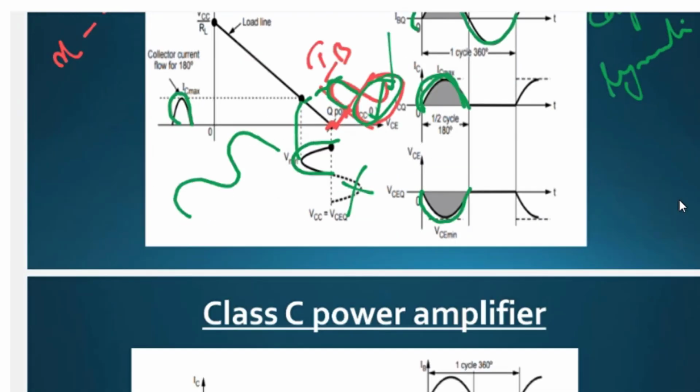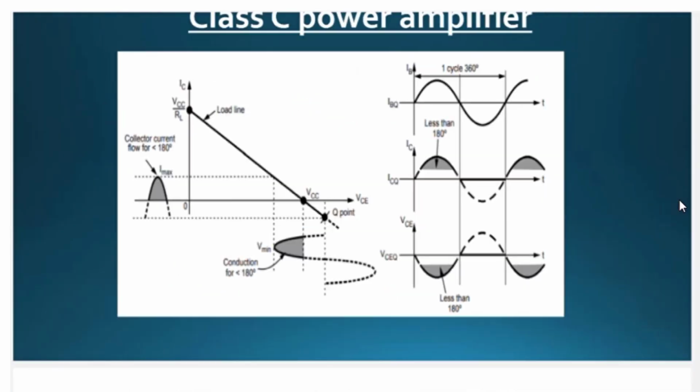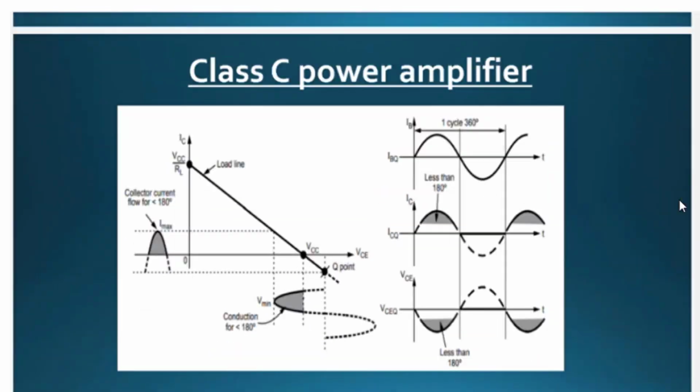Then the next one is class C power amplifier. If you observe class C power amplifier, the Q point is below the x-axis. As Q is below the x-axis, suppose you apply a waveform like this.